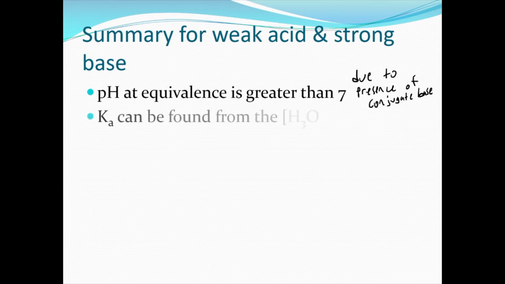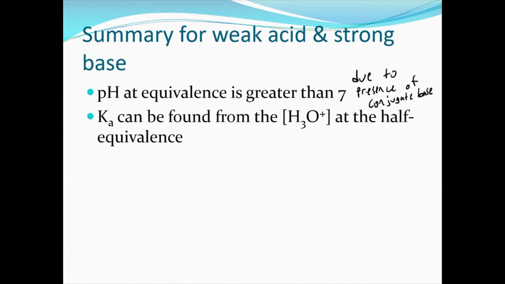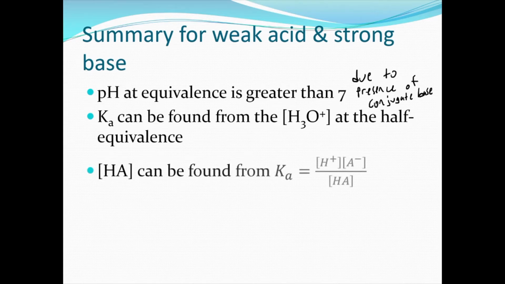The Ka can be found from the concentration of hydronium at the half equivalence point. And we can recall that the HA concentration can be found by simply rearranging our Ka equation. So that's our summary for weak acid and strong base titrations.